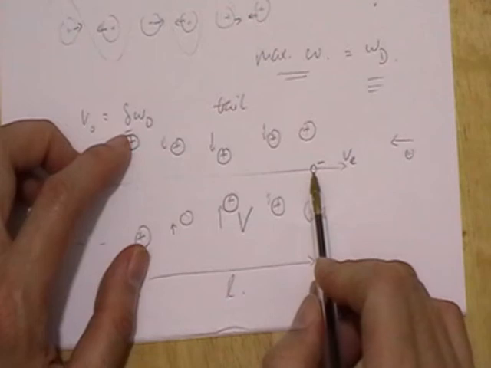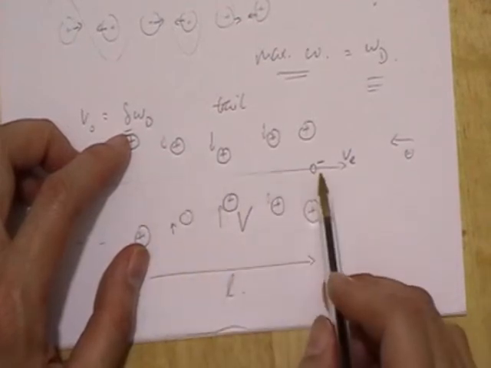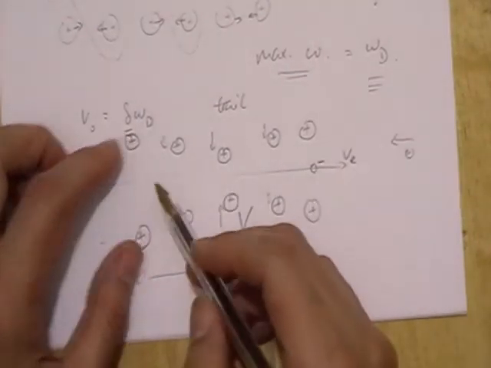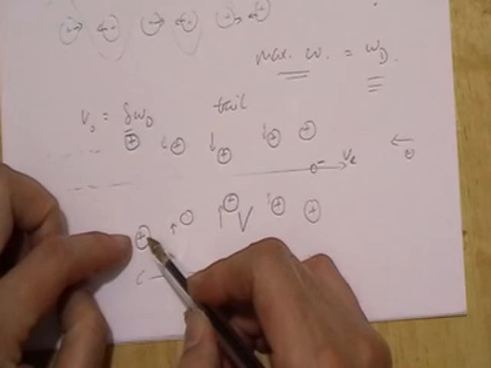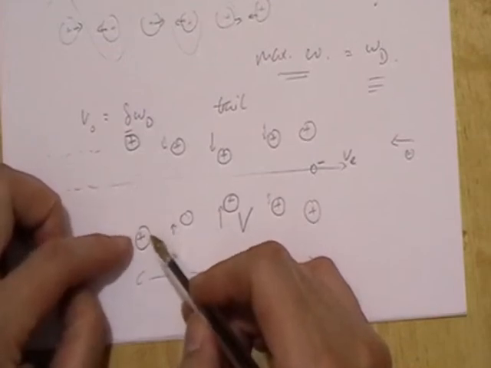So the time that it takes for the electron to travel this distance, L, is the same as the time taken for this ion to move up and come back down to the rest position again.